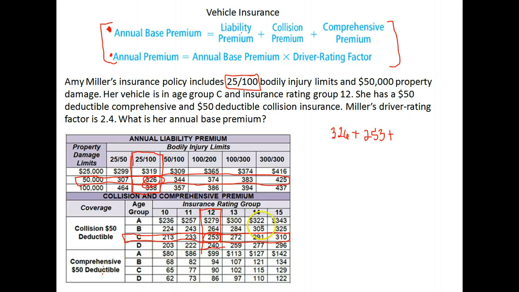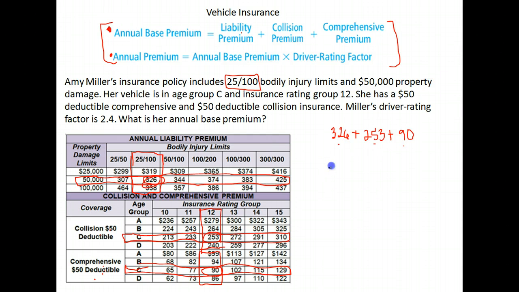Let's also find her comprehensive price. So here's our comprehensive. Again, she's still in group C. So under comprehensive we look in group C, and rating 12. Right there we have it, $90. So we found her liability using the chart, her collision using the chart, and her comprehensive using the chart.